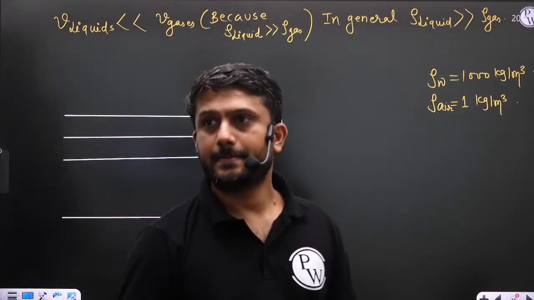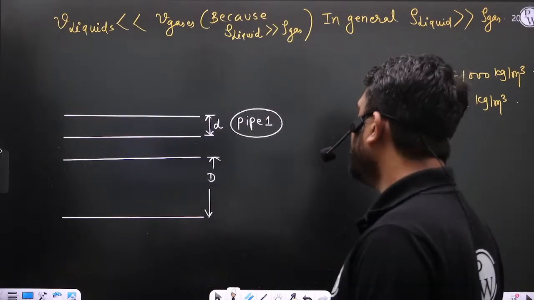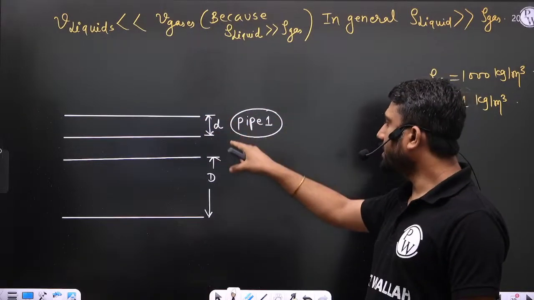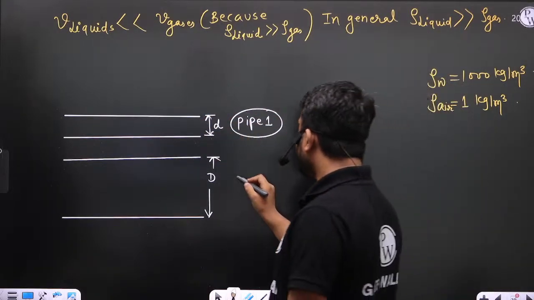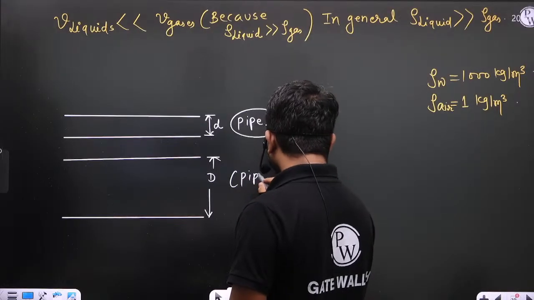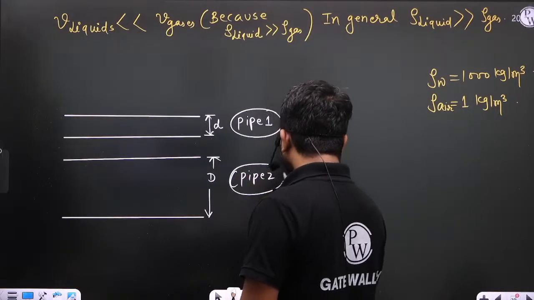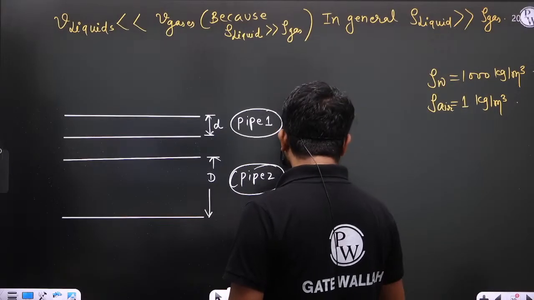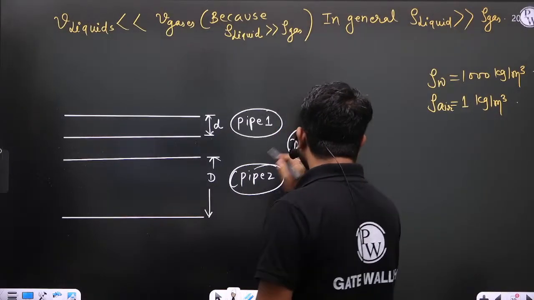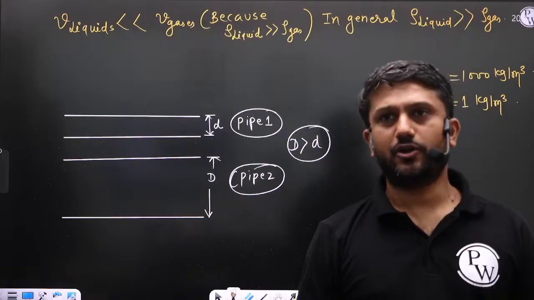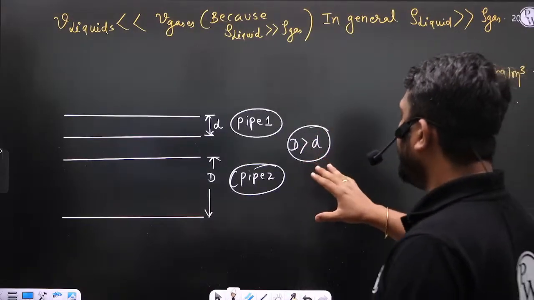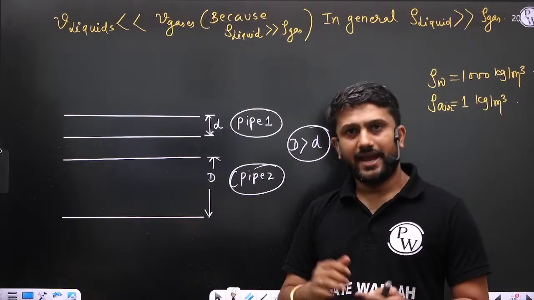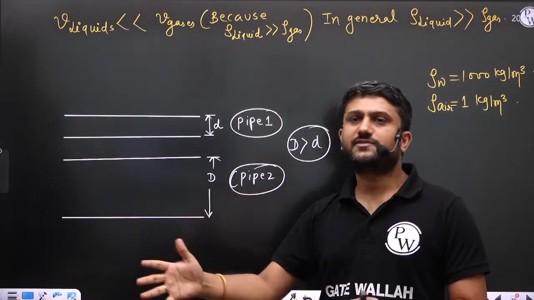This is a very famous interview question. Pipe number 1 has a diameter small d, pipe number 2 has a diameter capital D, and capital D is greater than small d. Now in one pipe liquid is flowing and in another pipe gas is flowing.